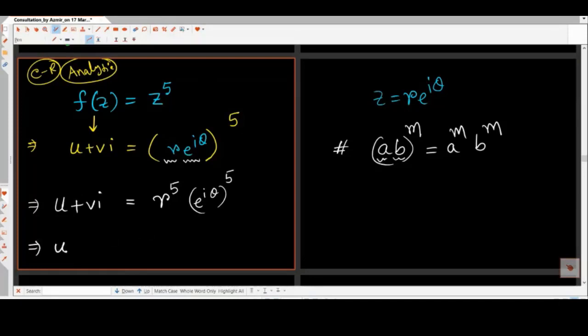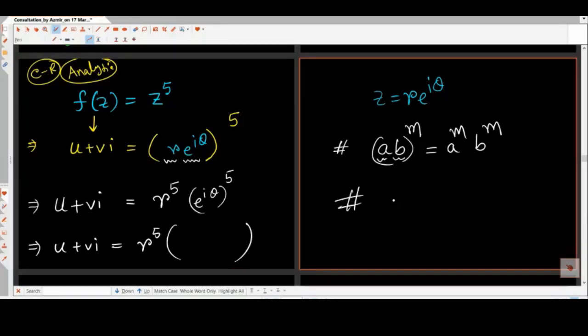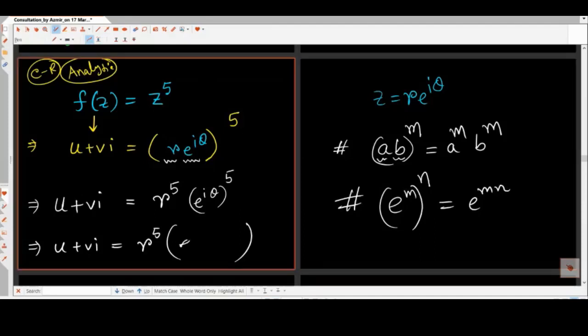So u plus vi equals r to the 5, and now again we can simplify this way. If we have (e to the m) to the power n, then we can write e to the m times n. So here we have (e to the i theta) to the power 5, so we can write e to the i 5 theta.